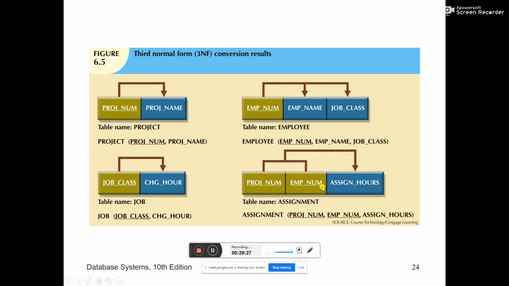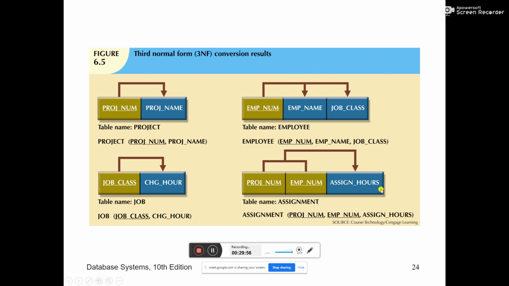So project number and employee number will be the same. If we want to add another entry for the number of hours he works in a week, in a month, or in a day, like we want to keep a record of the daily number of hours an employee works on this project, you cannot keep a record of it.